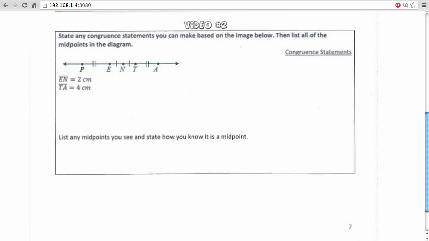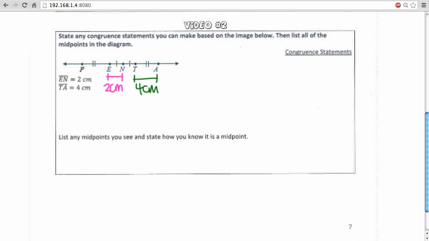Now, the statements show that segment EN is 2 centimeters. So from E to N is 2 centimeters. And from T to A, it is 4 centimeters.